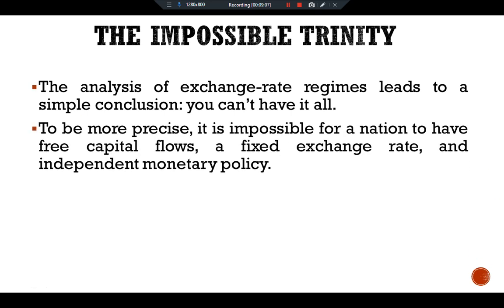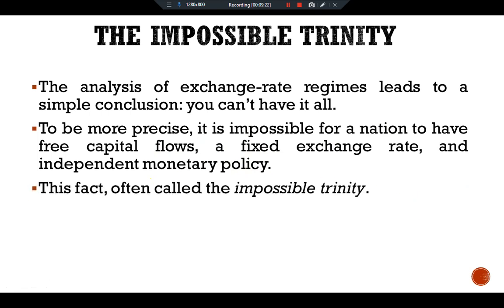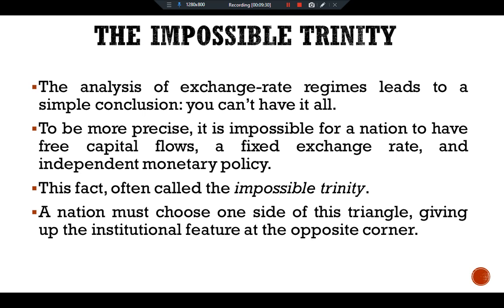To be more precise, it is impossible for a nation to have free capital flows, a fixed exchange rate, and independent monetary policy. This fact is often called the impossible trinity. A nation must choose one side of this triangle, giving up the institutional feature at the opposite corner.